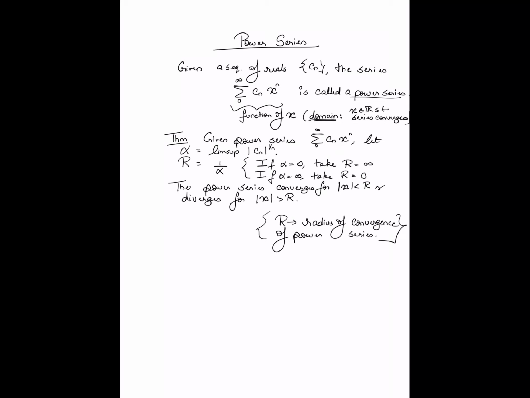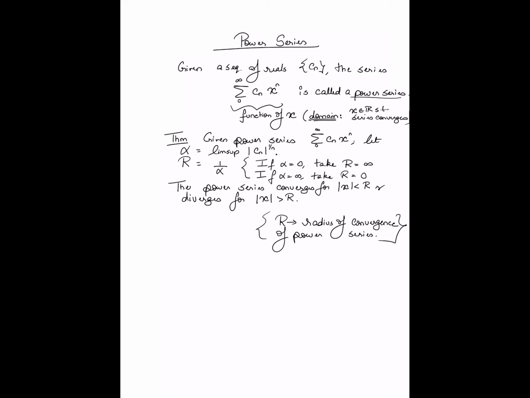This value R is what we call the radius of convergence of the power series, and its interpretation is that it determines the domain of the power series. In particular, the domain of the power series is those real values which have an absolute value less than R, and specifically if you take any x whose absolute value is more than R, then you are guaranteed that the power series will diverge.